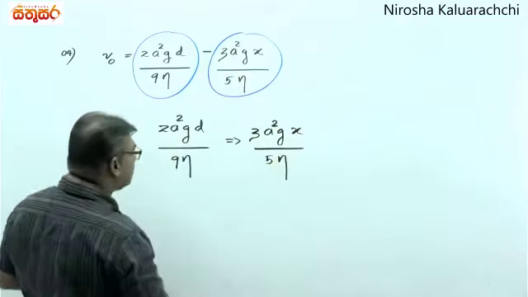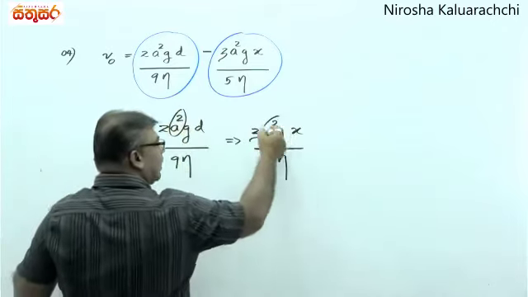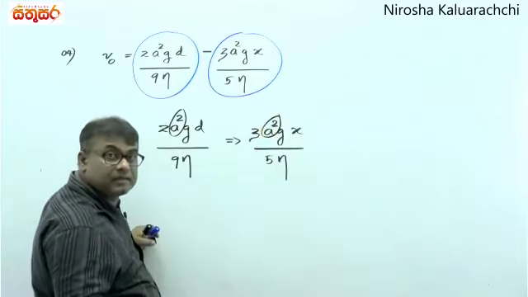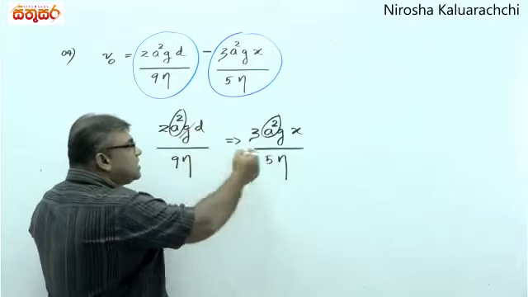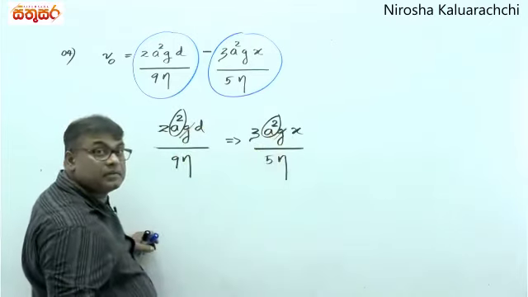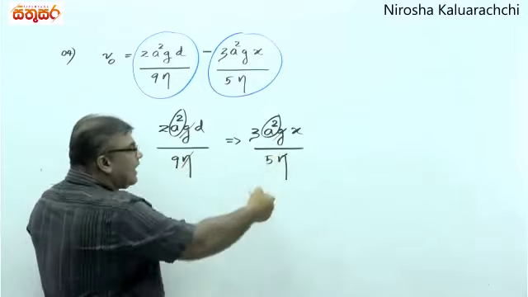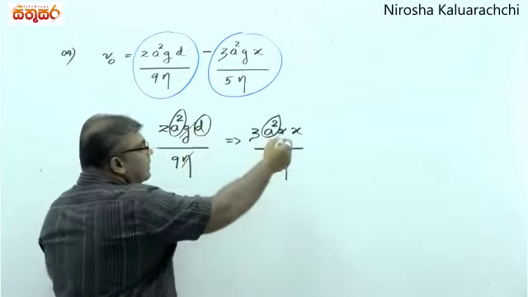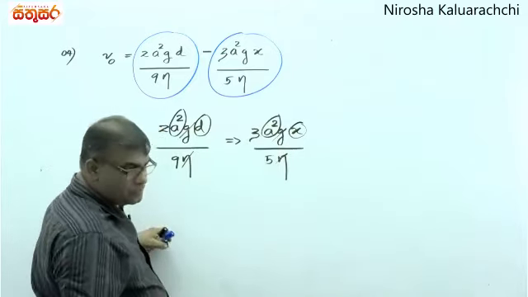Then you can see a squared is available on both sides. Unit wise they are cancelled. We can cancel this and this, and g and g we can cancel. Eta is available on either side, so eta cancels. Additionally, we have the letter d and letter x with the numerical values.